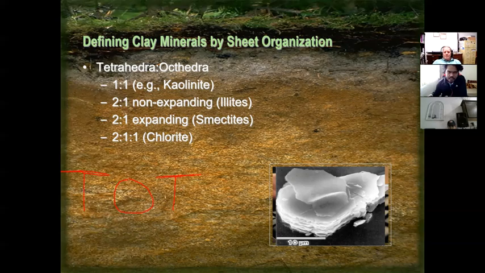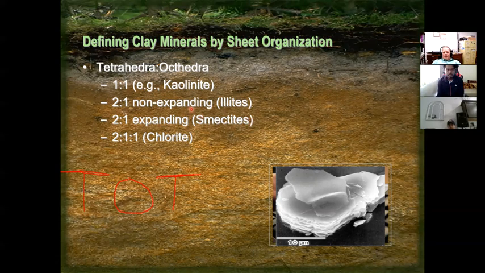And we get different kinds, right? So let me go back to the laser pointer. We can have 2-to-1 clays that are expanding. I've got a sweet video on this I'm going to show you in just a minute. And we've got 2-to-1s that are non-expanding.